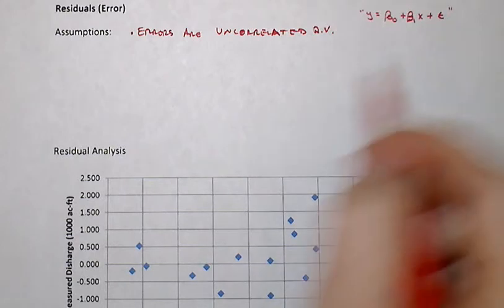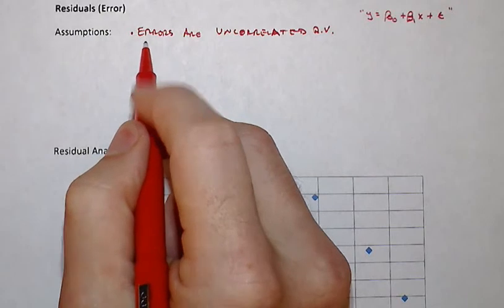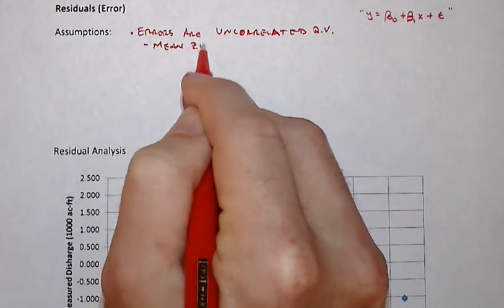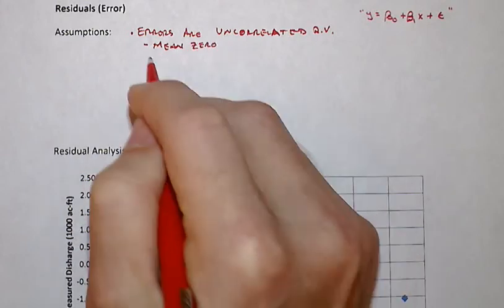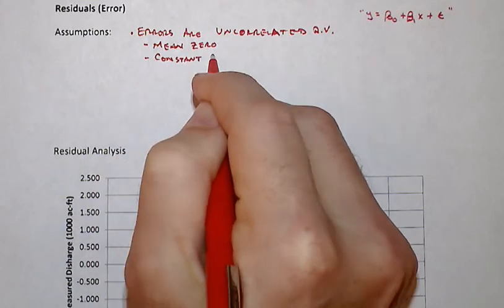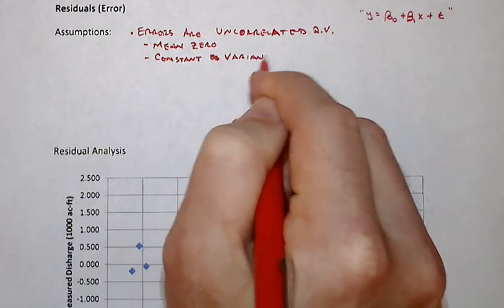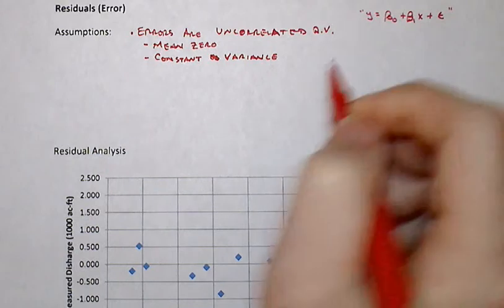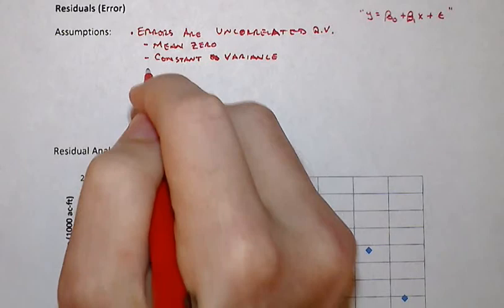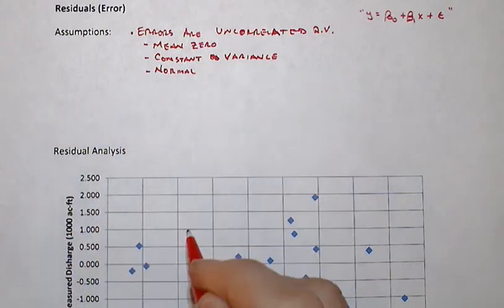From instance to instance, the error is assumed to be an uncorrelated random variable, and it has a mean of 0 and a constant variance. So no matter what x was, the variance of our error term was the same. And we were also implicitly assuming that it was normally distributed as well.